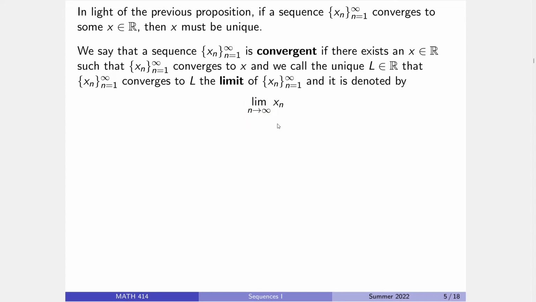So again, the intuitive idea of as n gets bigger and bigger, this gets closer and closer to some specific real number. That intuitive idea now has a precise statement involving epsilons and N's, and whatever it's going to, as we've just verified, must in fact be unique. Beautiful.